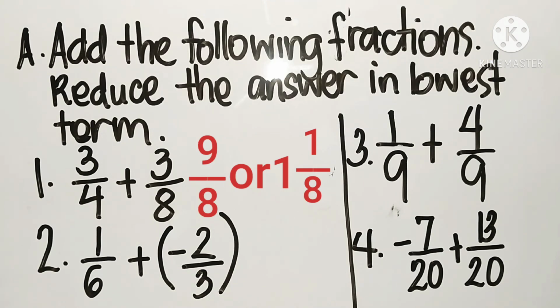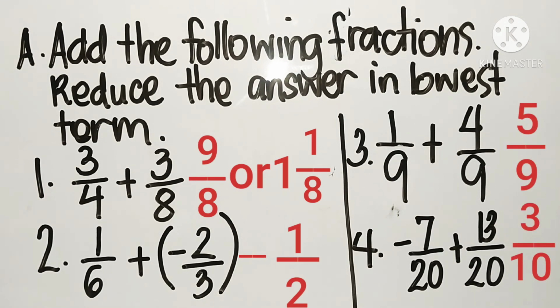So, it will become 1/8. Kaya yung sagot natin ay 1 and 1/8. Number 2, the answer is negative 1/2. Number 3, that is 5 over 9. And number 4 is 3 over 10. Yung number 2 tsaka number 4, in-express ko sila in its lowest term since pwede naman.